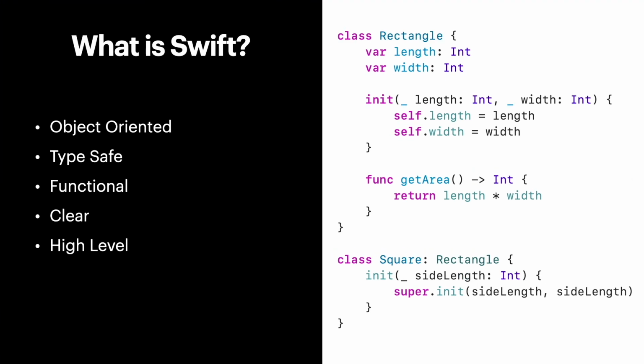My definition of Swift goes through really what are the attributes that make Swift Swift. So Swift is object-oriented. That means we have classes. We have these blueprints for classes that you can see up on the right. Swift is type-safe. Type-safe mostly meaning that inputs and outputs are defined, variables are defined as a specific type, and it really just keeps Swift obvious to the reader.